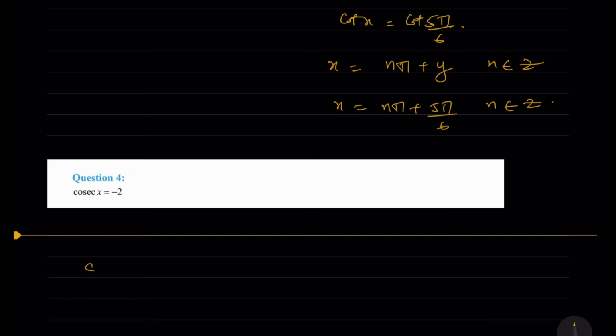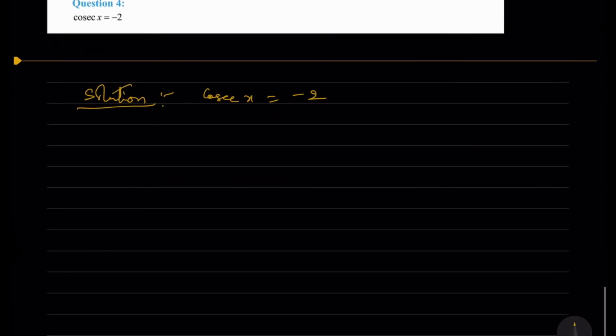So solution part, if you go, you are having cosecant x is equal to minus 2. It is negative. So when you're taking the quadrants over here, you know where sine is negative. First, all silver teacups. So in the second one only it is positive.